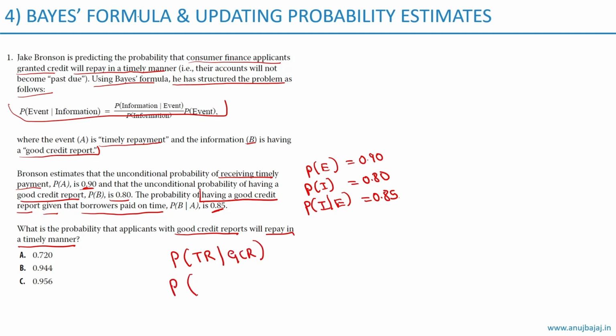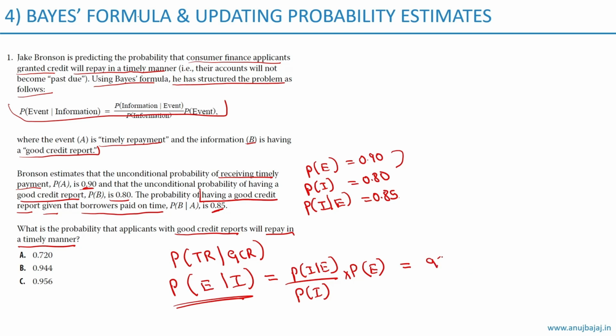This is the probability of the event given the information, which equals the probability of the information given the event divided by the probability of the information, multiplied by the probability of the event. Putting these values in the formula, we get the probability of timely repayment given a good credit report as 95.6%. So option C is the correct answer.